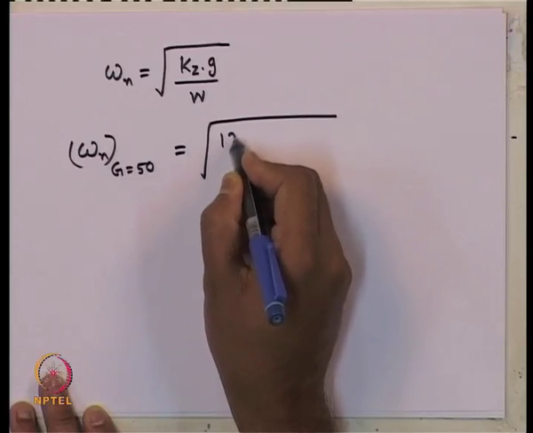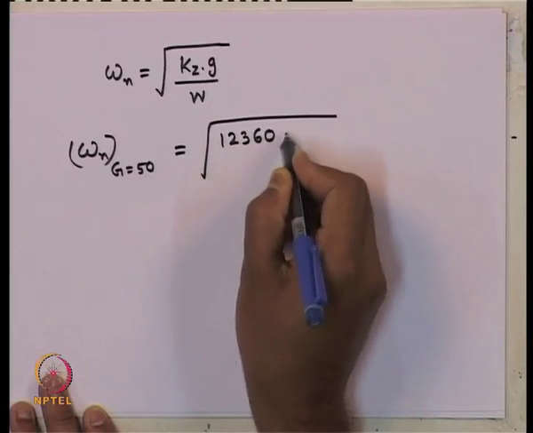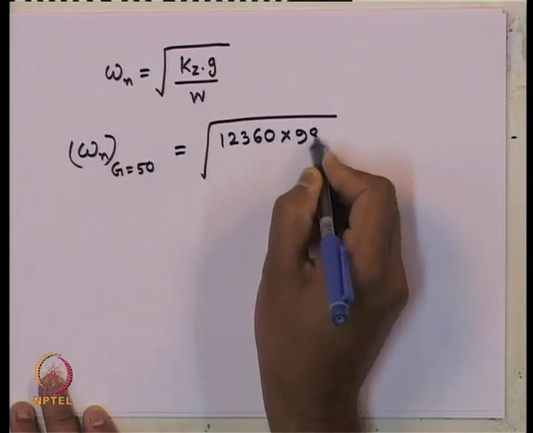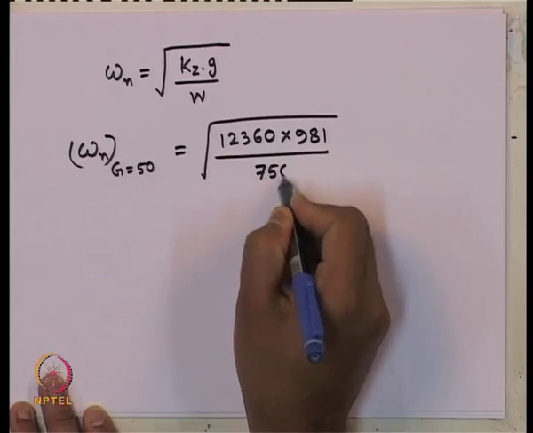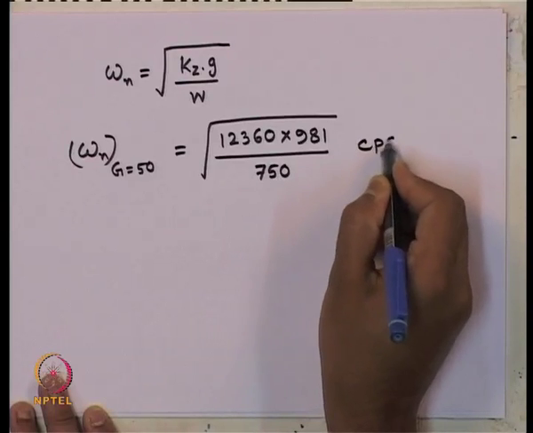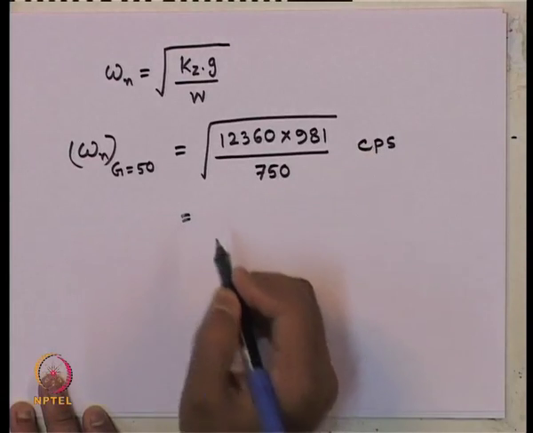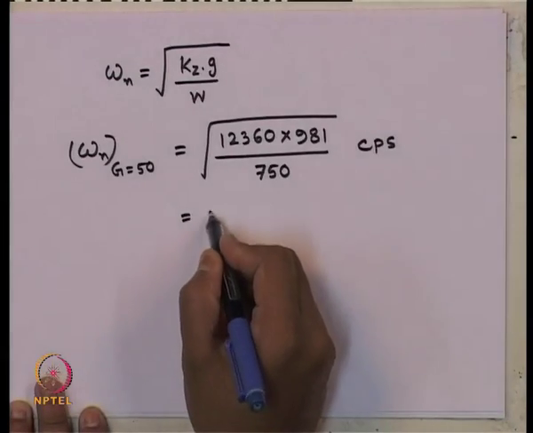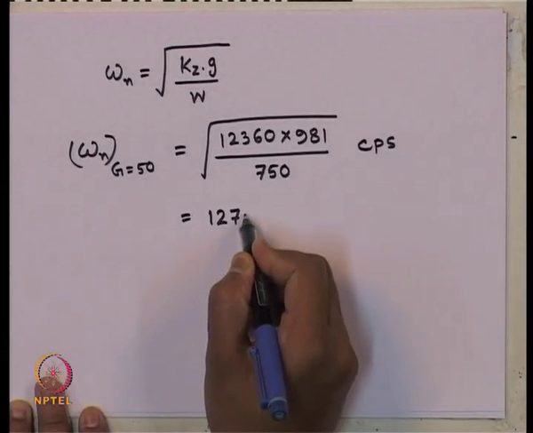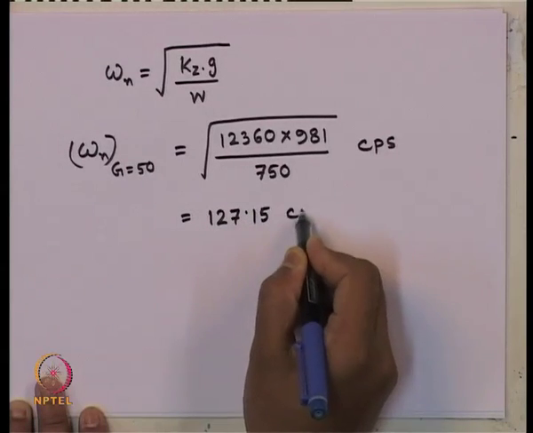So, 12360 into 981 by 750, so much in cycles per second. If we calculate this, it is coming 127.15 CPS.